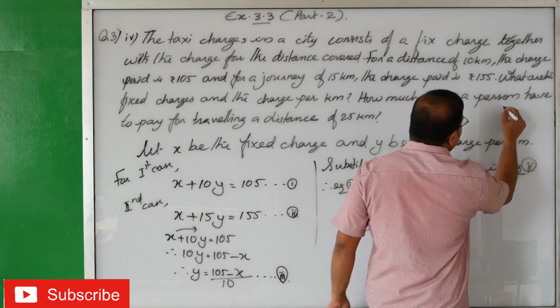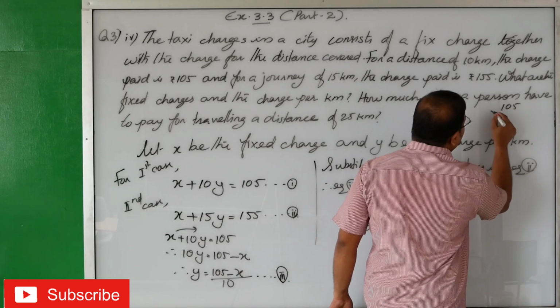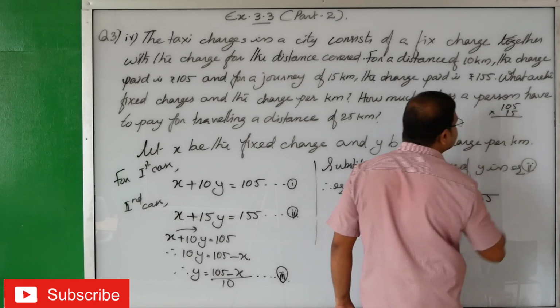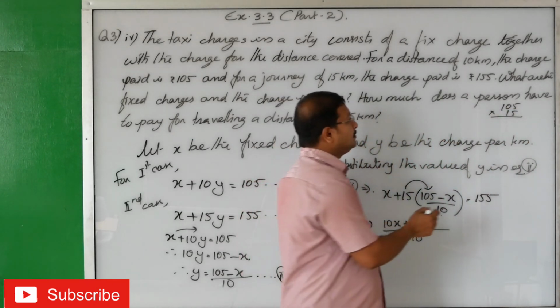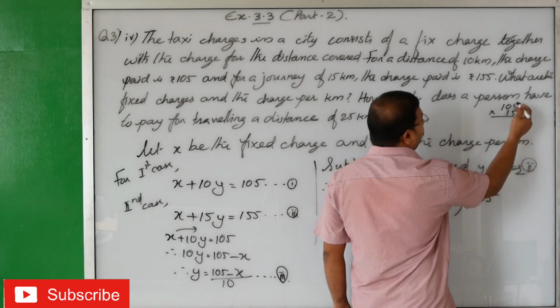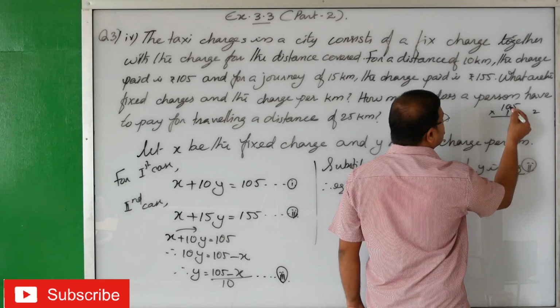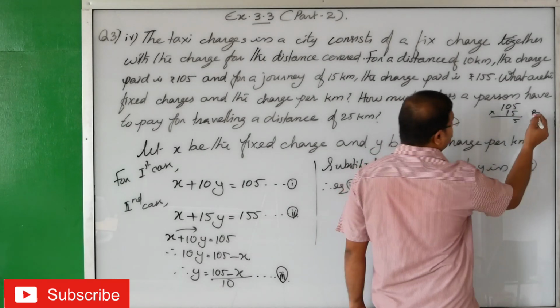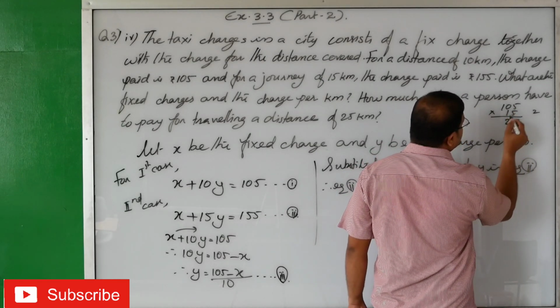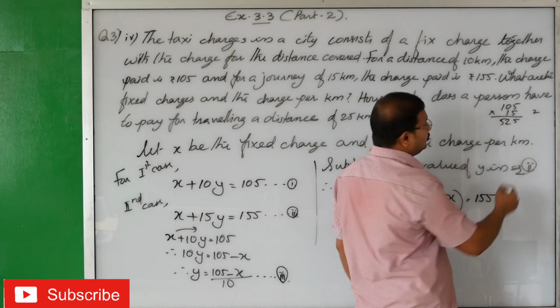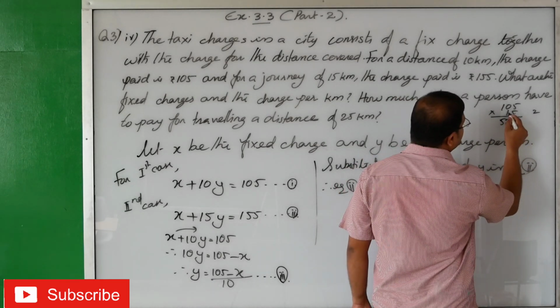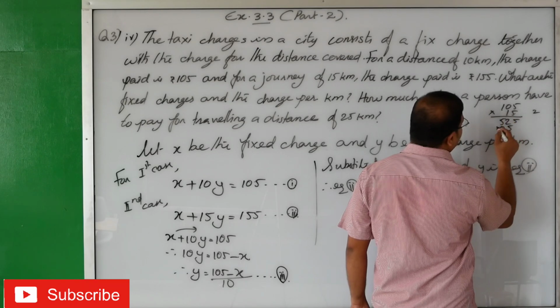So 15 into 105 means 105 into 15. Ready? So 5 5s are 25. 5, 2 in hand. 5 zeros are 0 plus 2, 2. And 5 ones are 5. After that, 1 5s are 5. 1 zeros are 0. 1 ones are 1.